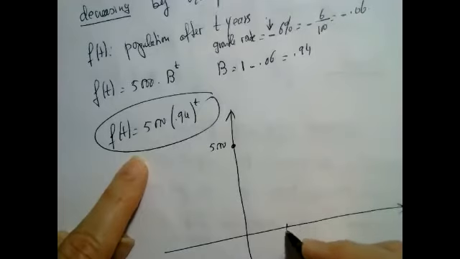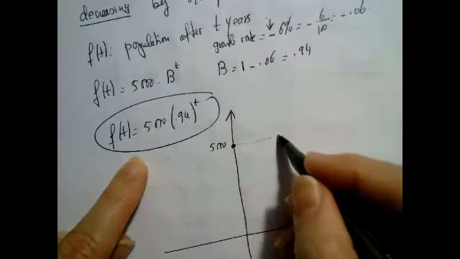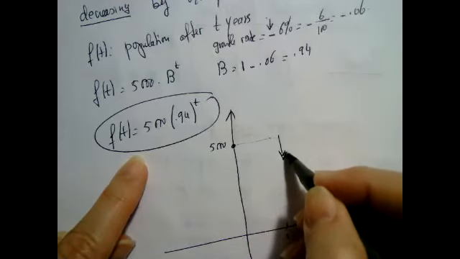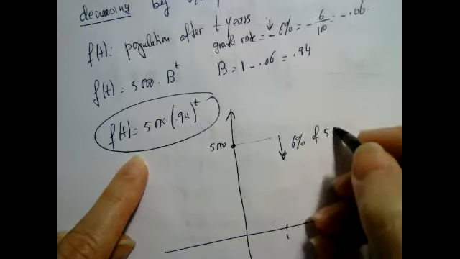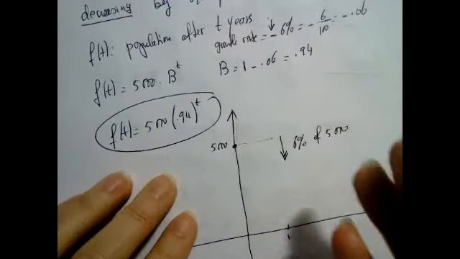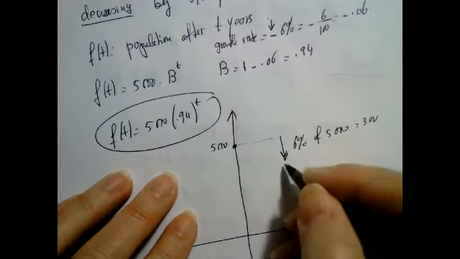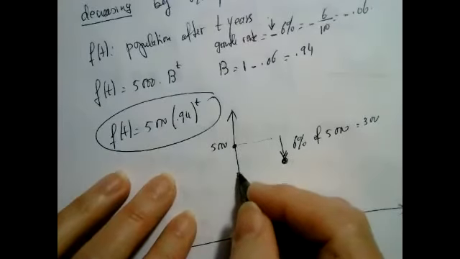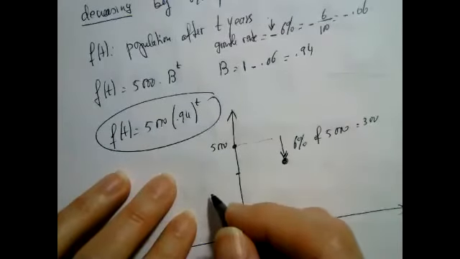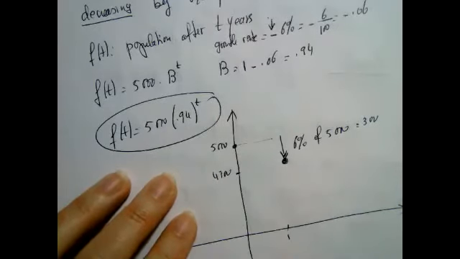After 1 year, there is a decay: the population decreases by 6% of 5,000. 6% of 5,000 is 300. So it lost 300, and now my population is 4,700.